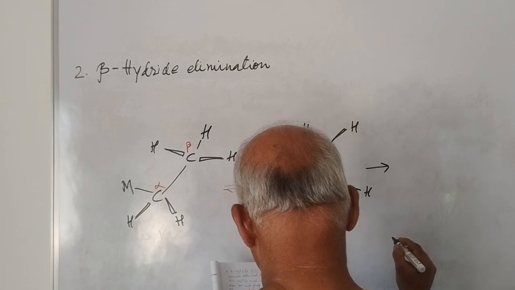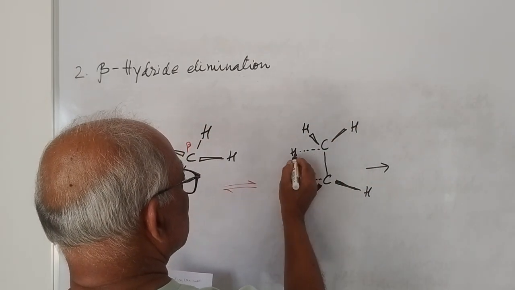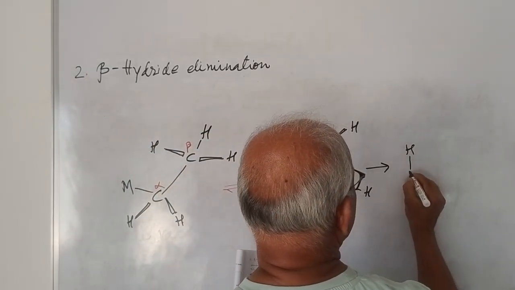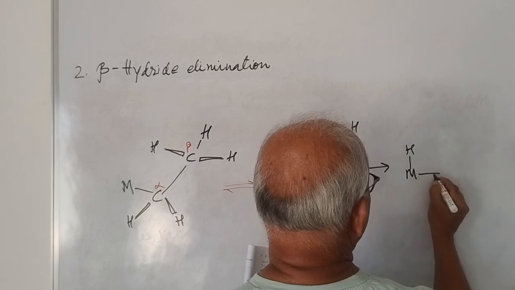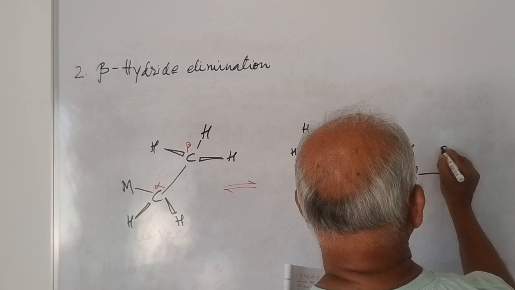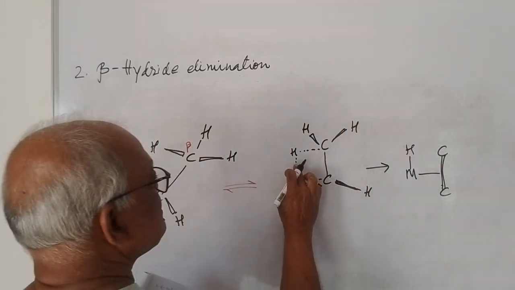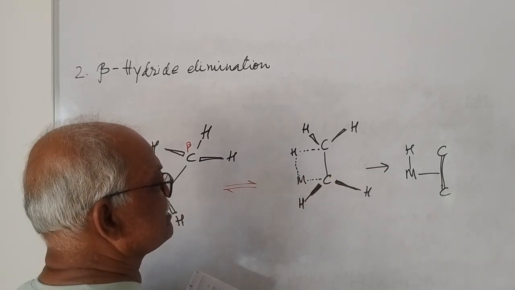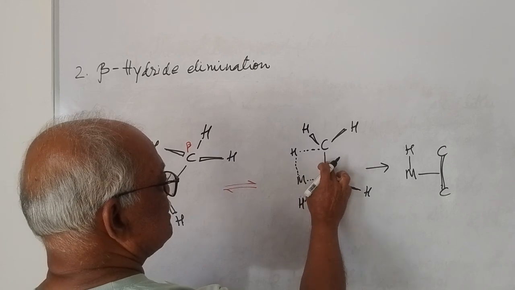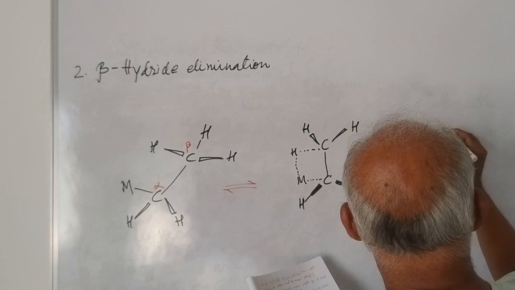So after this we get the carbon hydrogen bond completely broken. As a result of this, hydrogen is attached to the metal and this metal is further attached to this double bond. This bond and this bond are coming closer, means the sigma and pi electrons are coming here.